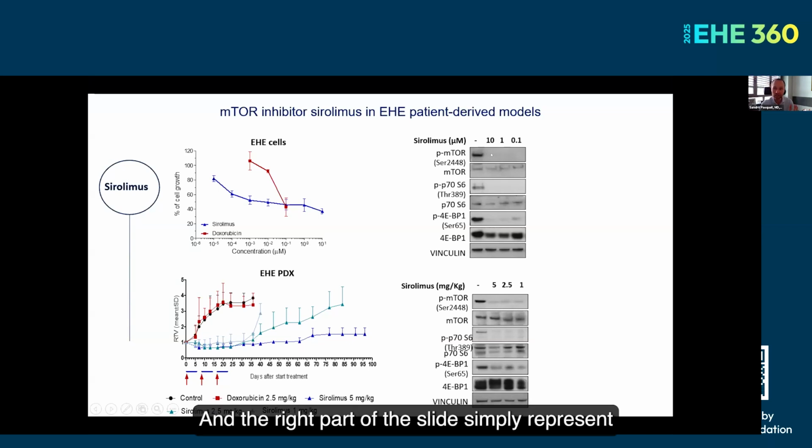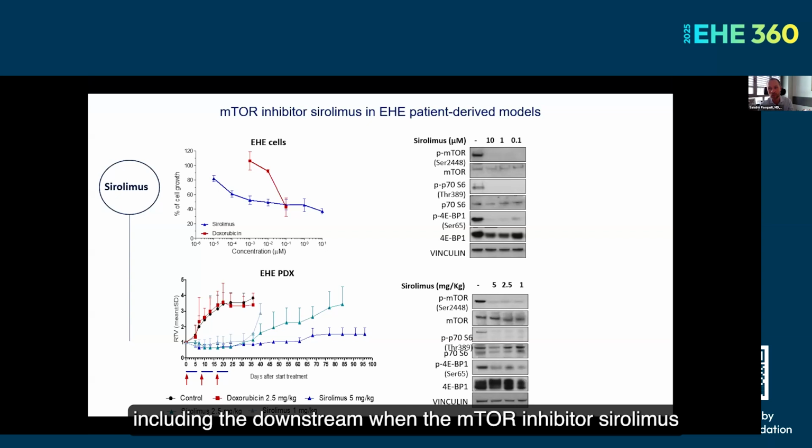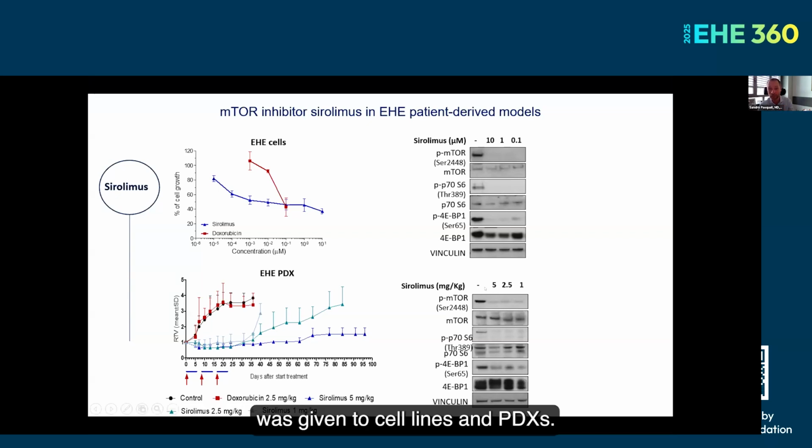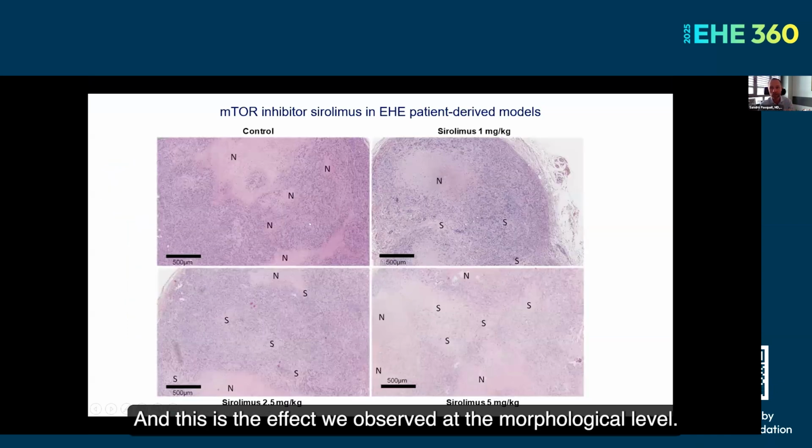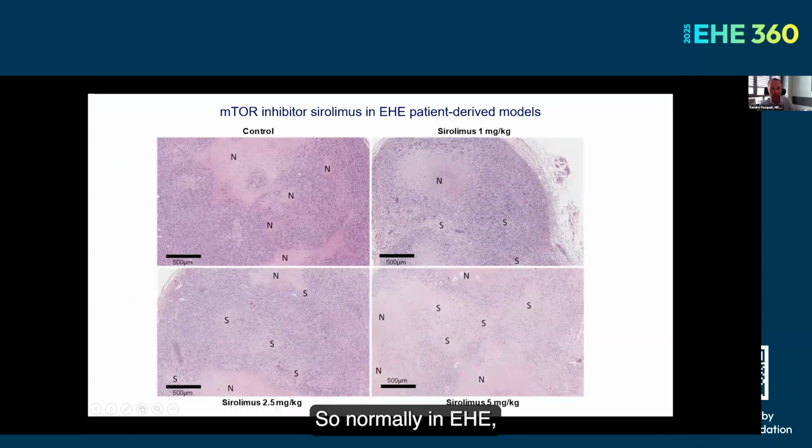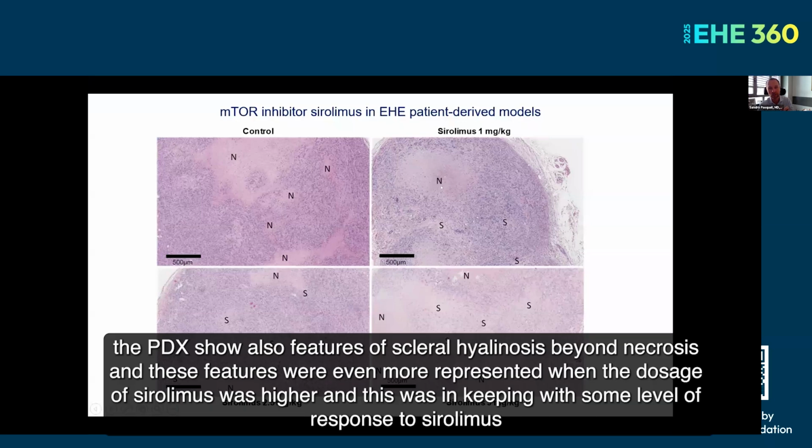And the right part of the slide simply represents that we saw effective inhibition of the mTOR pathway, including the downstream, when the mTOR inhibitor sirolimus was given to cell lines and PDXs. And this is the effect we observe at the morphological level. Normally in EHE, it's possible to observe necrosis, particularly in our PDX, but when we treat with sirolimus, the PDX show also features of sclerohyalinosis beyond necrosis, and these features were even more represented when the dose of sirolimus was higher.